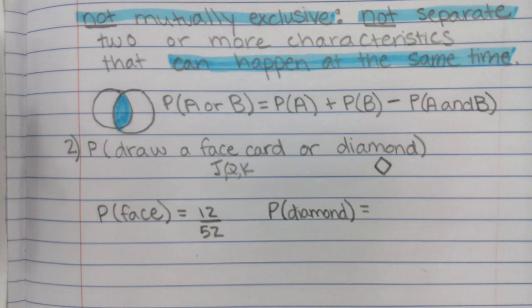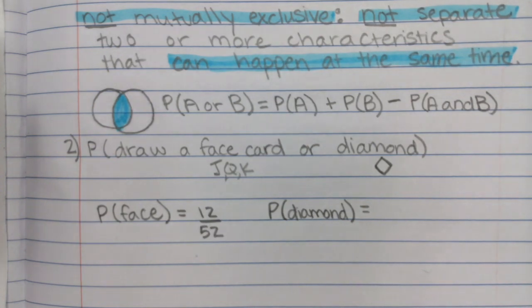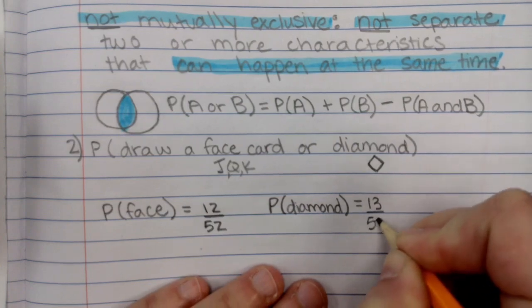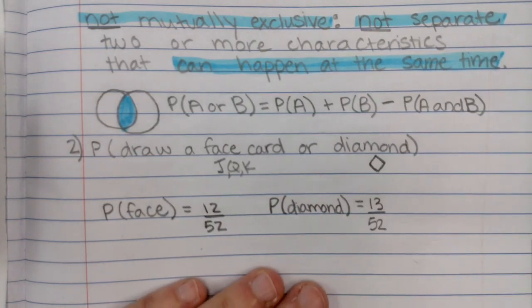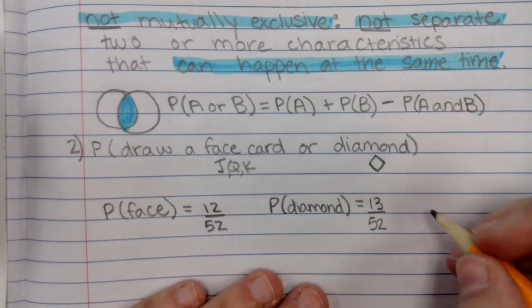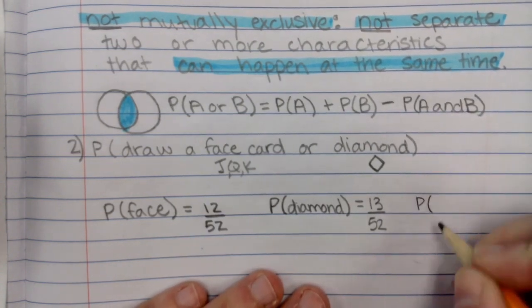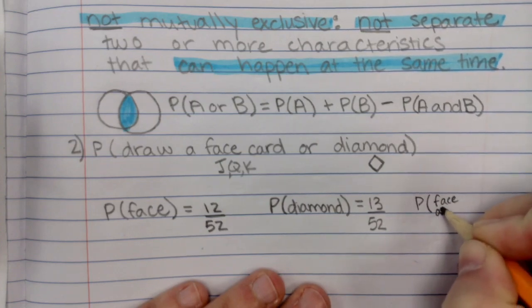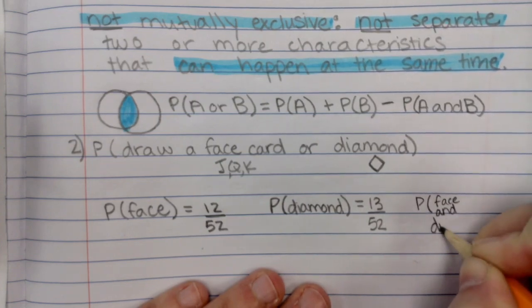But I have this extra step now. I need to find the probability that I would pick a face card that is also a diamond. I'm writing it kind of big because I'm going to run out of space here. Probability of face and diamond. So how many are both a face card and a diamond? 3.